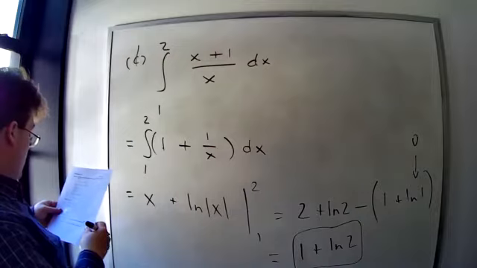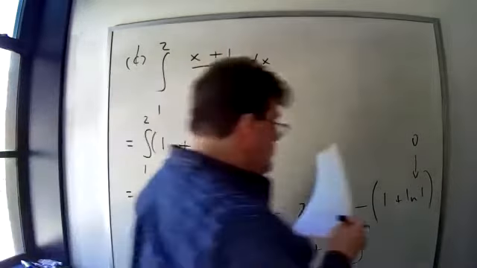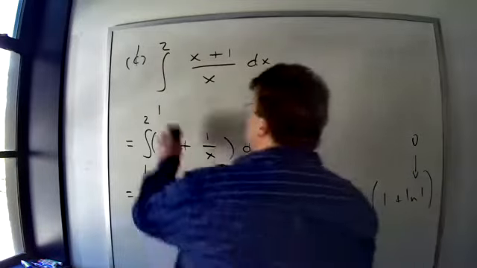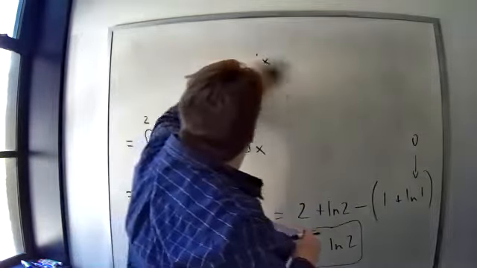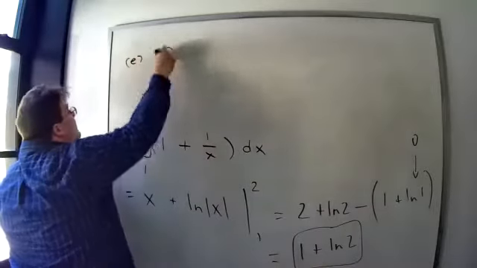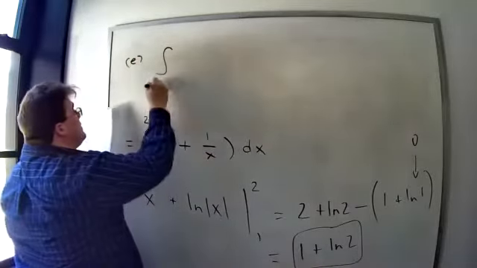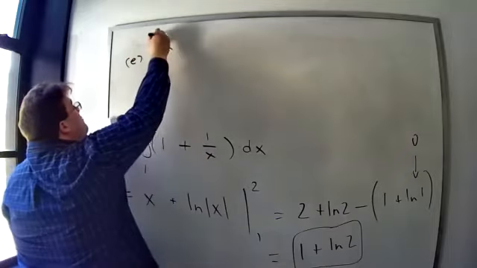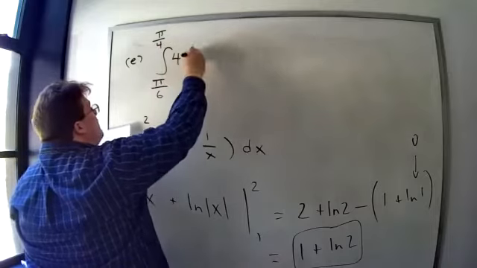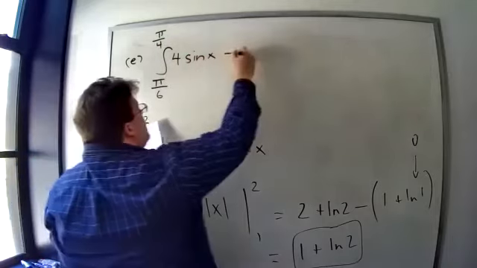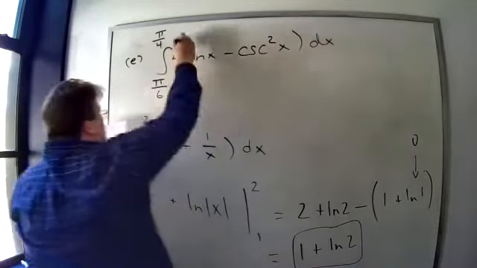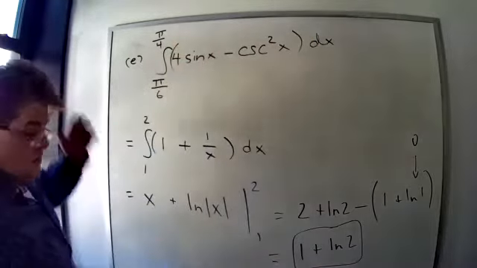Okay, part E. Oh, that's going to be fun to simplify. Part E. Integral pi over 6 to pi over 4 of 4 sine x minus cosecant squared of x.